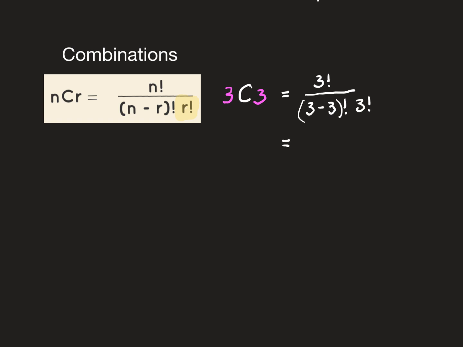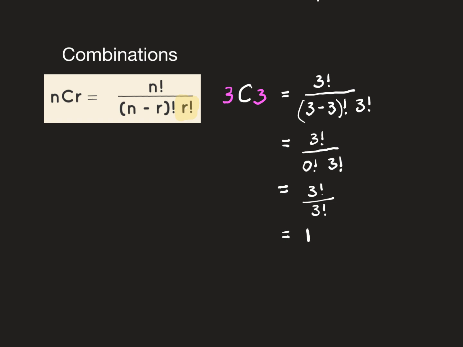So as before, we end up with 3 factorial, 3 take away 3 is 0 factorial, multiplied by 3 factorial, and as we said, 0 factorial is 1, so we have 3 factorial over 3 factorial, which is ultimately just 1.